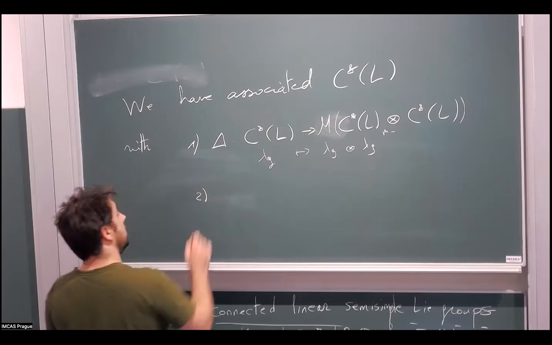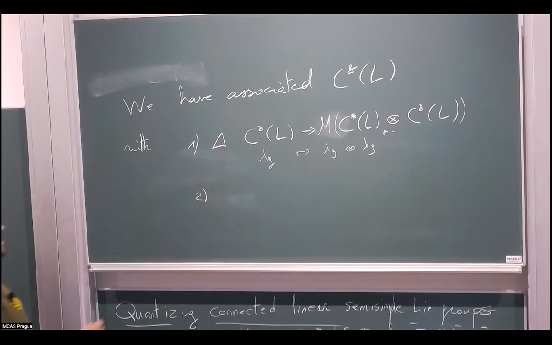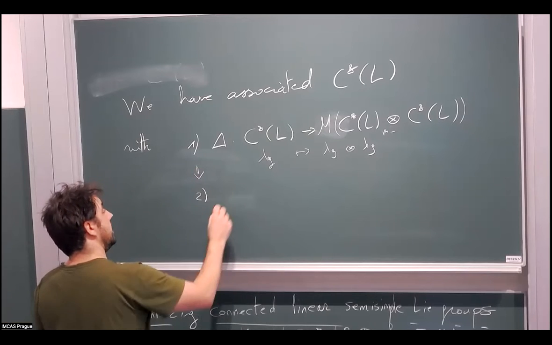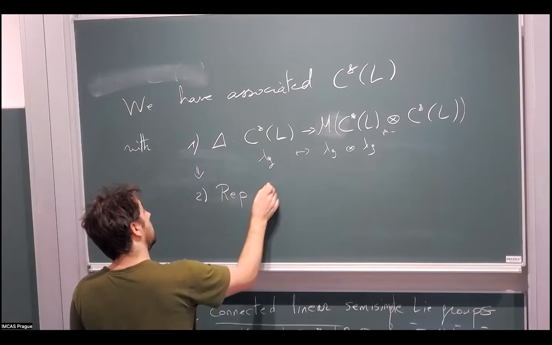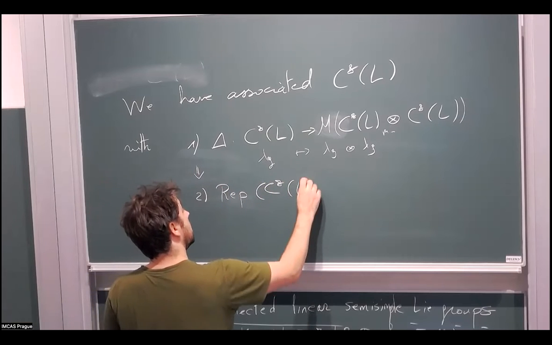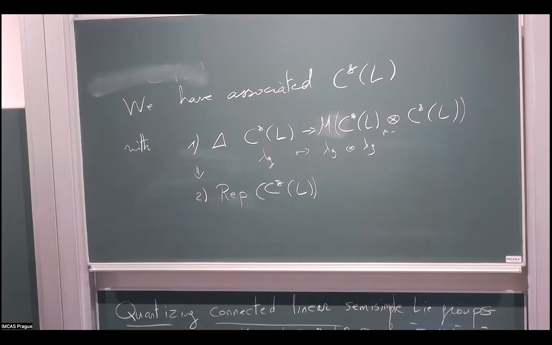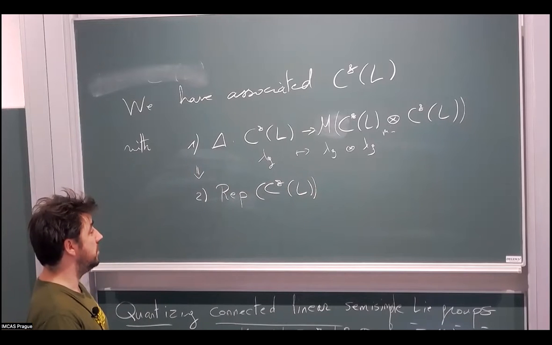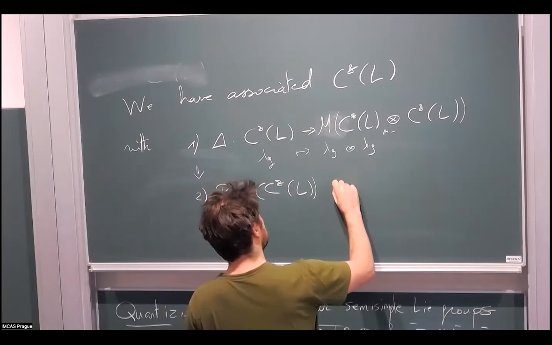And a second condition, which actually follows from the first, is that the representation category of this C-star algebra, so non-degenerate representations of the C-star algebra on Hilbert spaces, is actually monoidal.